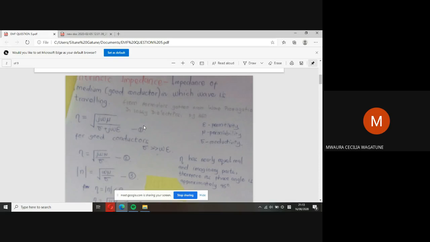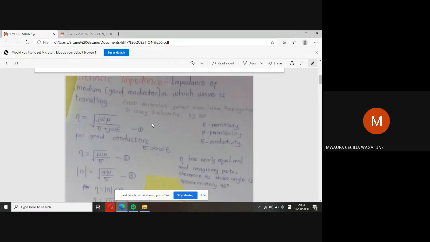So this formula is gotten from once you equate the four formulas for Maxwell equation. That one you can find in page 350, but I'll just start from this formula.